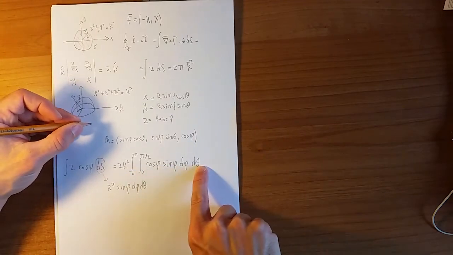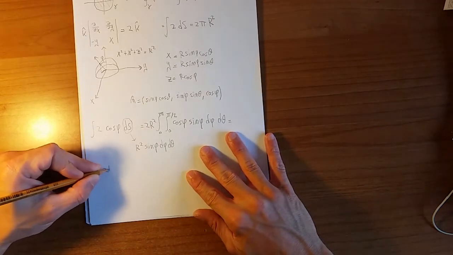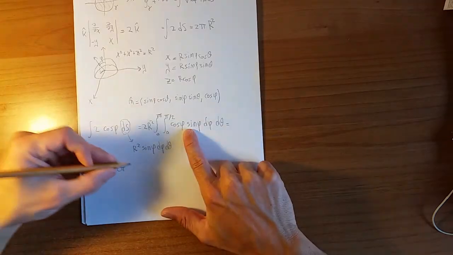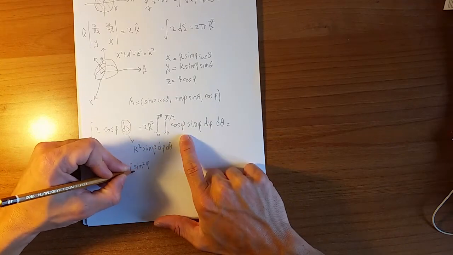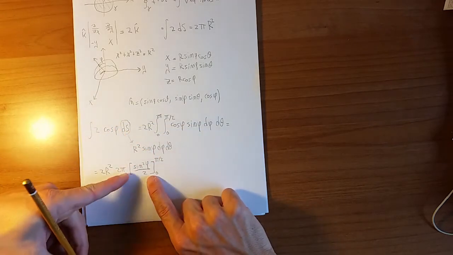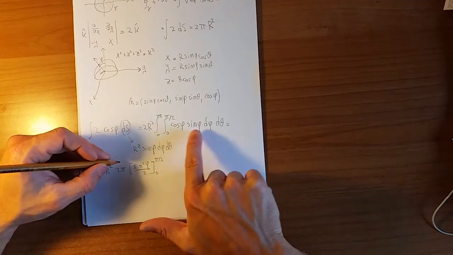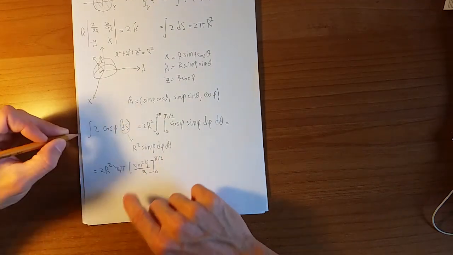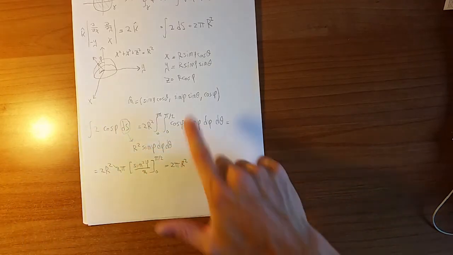The integral over theta is very easy, it gives us 2 pi, so we get 2r squared times 2 pi, and then the integral of cosine phi sine phi gives us sine squared phi over 2, from 0 to pi over 2. This gives us 1/2, as you can see. The derivative of sine squared phi over 2 just gives us cosine phi sine phi. This is 1/2, so we get 2 divided by 2, and this gives us 2 pi r squared. And as you can see, we get the same result.